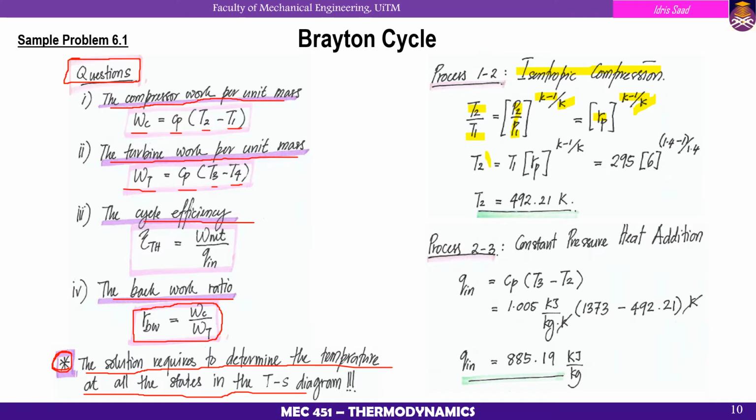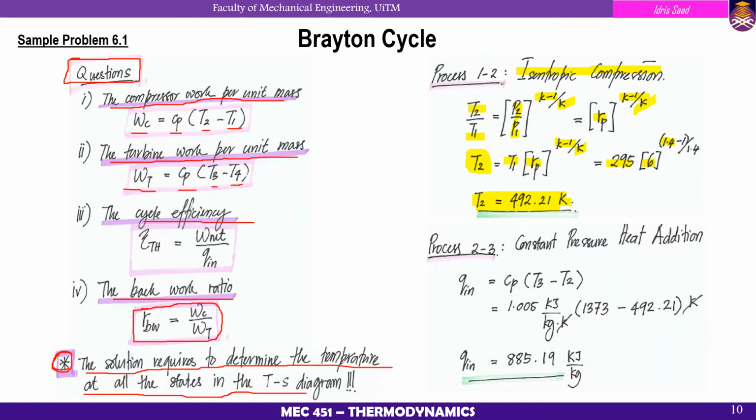We can calculate T2 by rearranging: T2 is equal to T1 multiplied by Rp to the power of (k minus 1) over k. We know that T1 is equal to 295, Rp is equal to 6, k is equal to 1.4. So then we get that T2 is equal to 492.21. This is the T2 based on the isentropic compression.